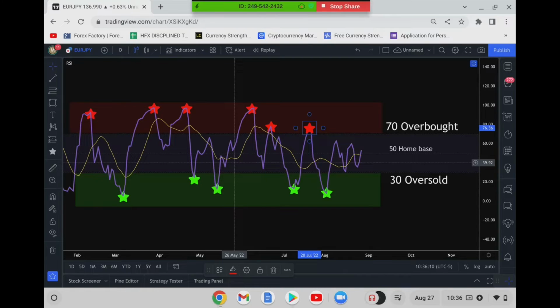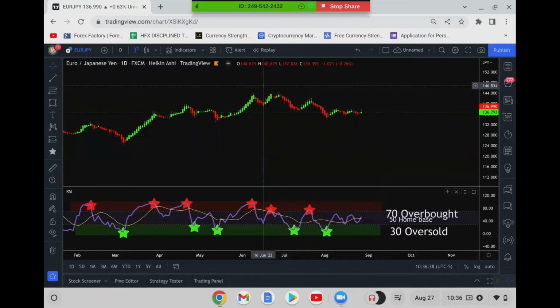So whenever the RSI or price is above the yellow line, you should be looking for buys. And whenever the RSI or price is below the yellow line, you should be looking for sells. Let's use this with the above chart so I can point out some good examples of how to use this RSI tool.